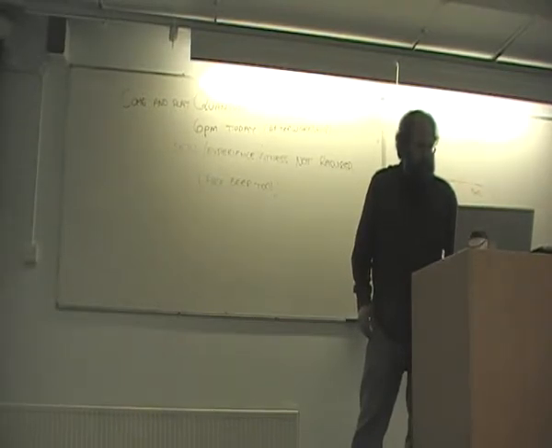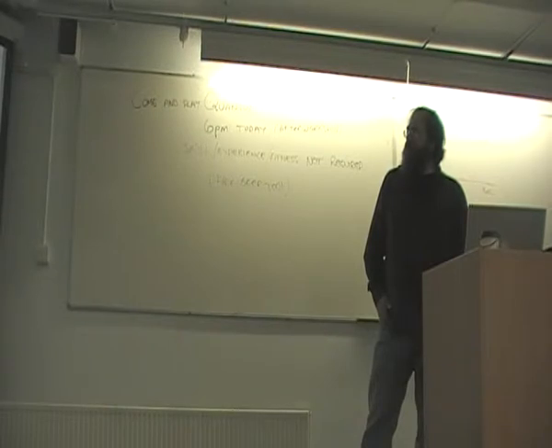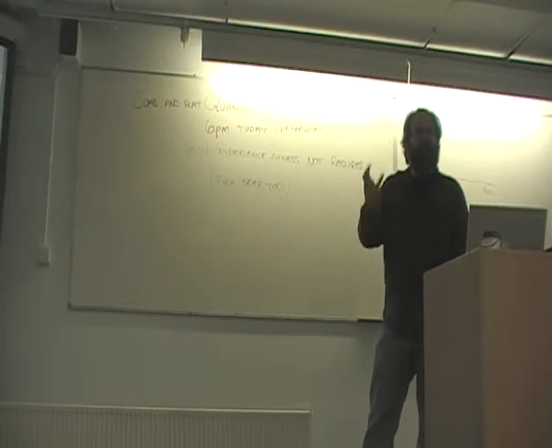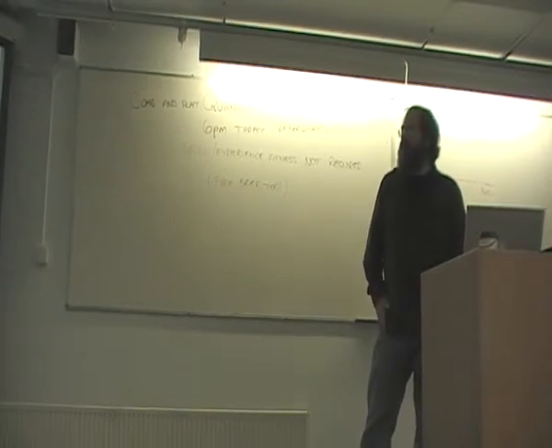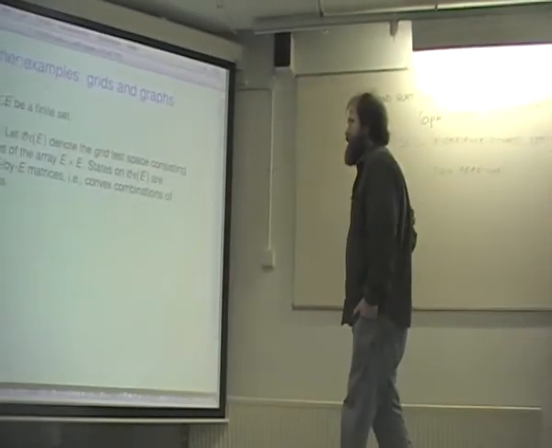Okay, now I want to show you two further examples just for reference. In both of these examples, I want to start with a fixed finite set E, a basic experiment that we start with maybe for reference. My first slightly funny example is this.